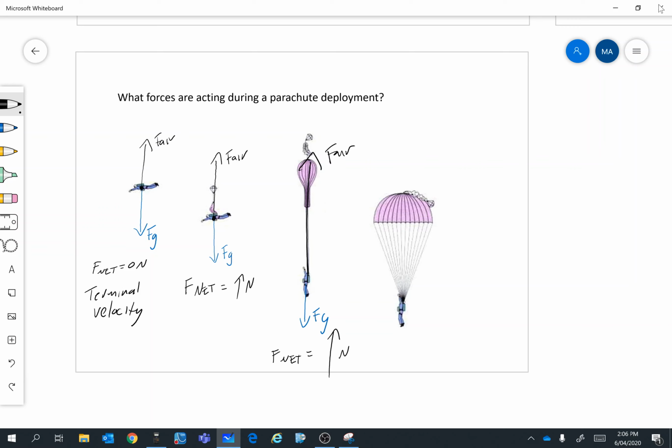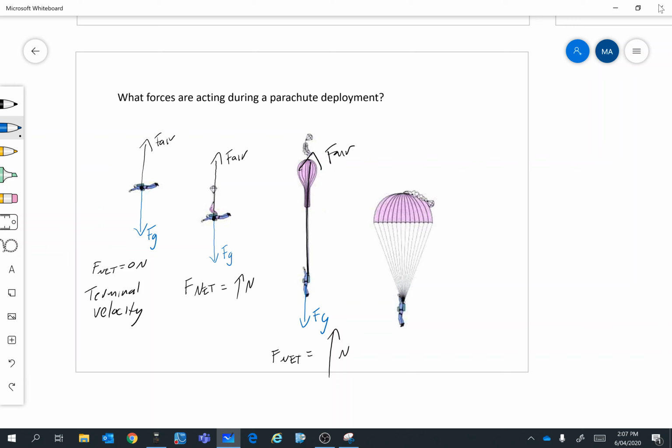So at this point the parachute person is accelerating even more rapidly upwards. Like I said, that can be confusing. They're actually still falling downwards, but their velocity is decreasing in the downwards direction. So they're decelerating, they're slowing down, but that's equivalent to accelerating upwards.